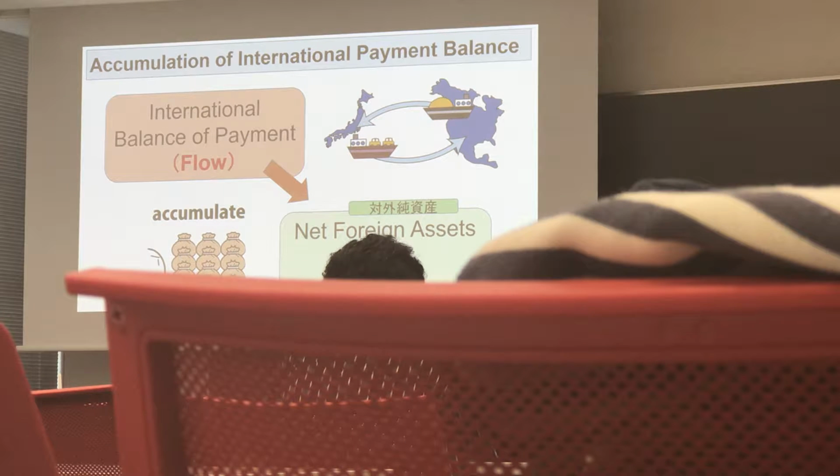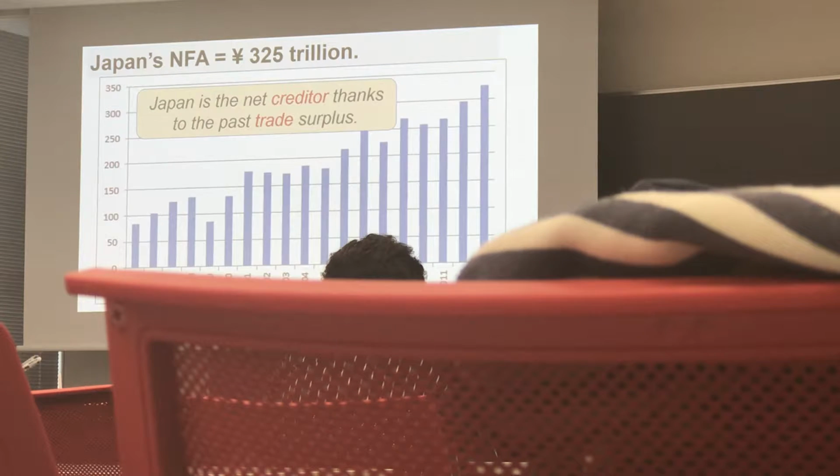So international BOP is flow, and NFA is stock. Japan is the number one country in terms of the total amount of NFA, totally because of the past trade surplus. The total amount is now exceeding 325 trillion yen, so $3 trillion or more.